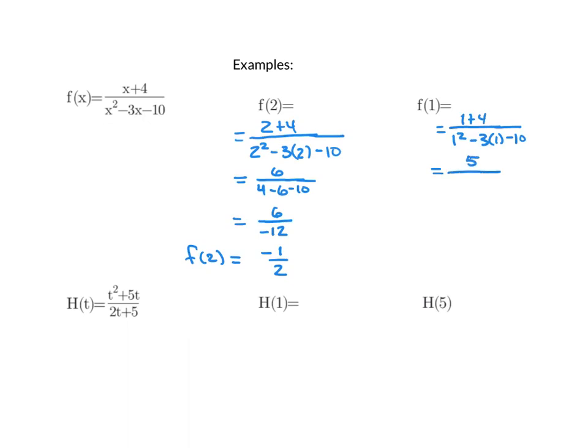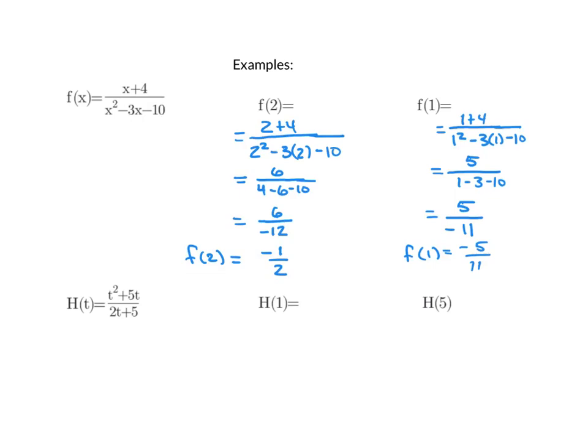The denominator becomes 1 minus 3 minus 10, which simplifies further to negative 11. So we get 5 over negative 11. The fraction doesn't simplify, so f of 1 equals negative 5 over 11.